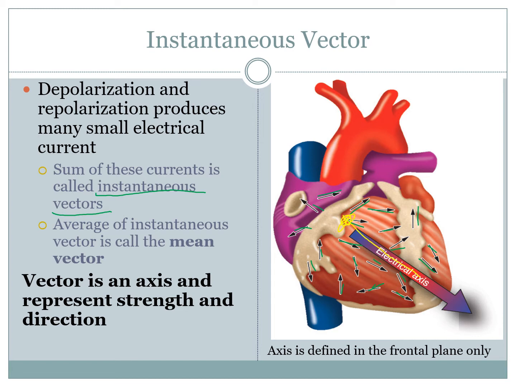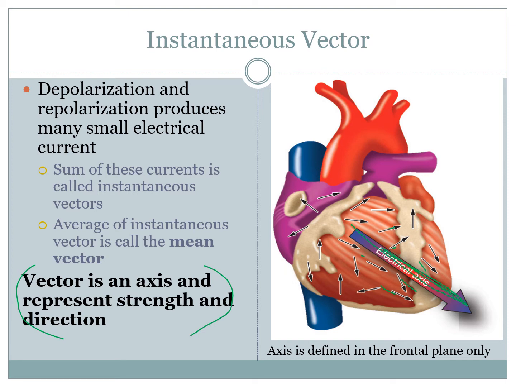Okay, so the average of all the vectors is what's going to be known as the mean vector, and the direction in which most of the vectors are traveling is going to determine the overall direction when we look at the mean. Now, the term vector is just a mathematical term that represents a direction, but also strength. Now, when we talk about strength in the heart, we're looking at amplitude. Okay, so it is the direction of most of the amplitude that gives us our mean vector.